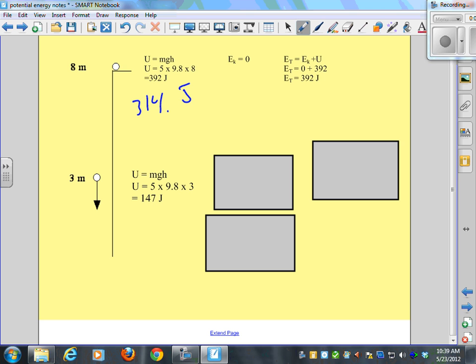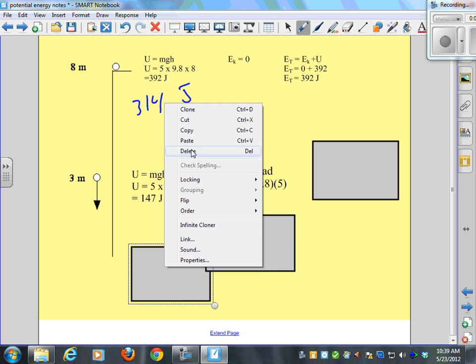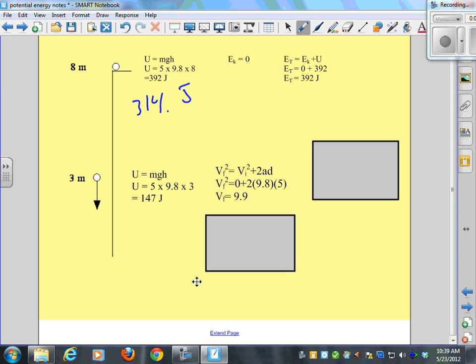I guess you can. All these potential energies are instantaneous conditions. Okay, now I'm going to figure out how fast it's going. So I'm going back in time a little bit here. Vf squared is vi squared plus 2ad. The initial velocity was 0 up here. Now, how come I used 5 and not 3? 8 minus 3.